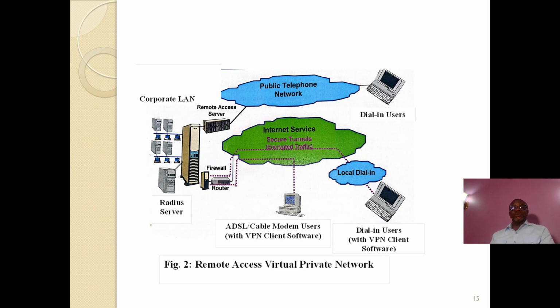So when you do that, your system must also have a VPN client software to be able to encrypt your transmission. And when it gets to the internet, it passes through a secure tunnel to get to the router that serves the corporate local area network.